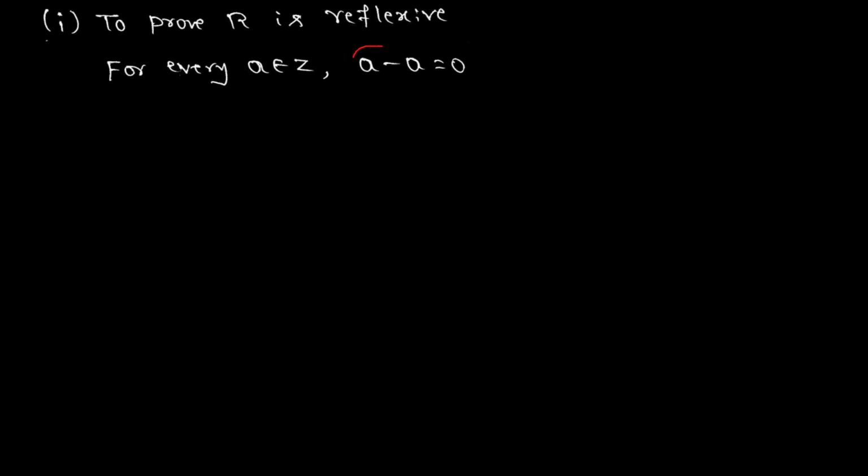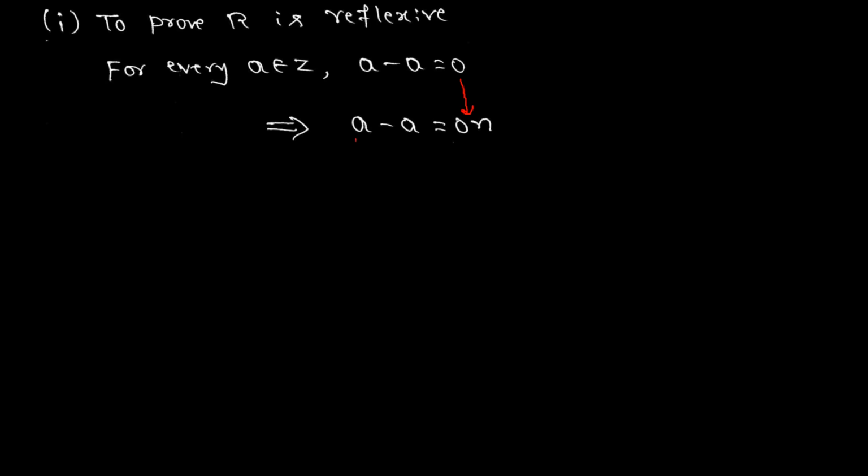So we can write this 0 as a multiple of n, because 0 can be a multiple of any number. So we can write this 0 as 0 times n. So what we have proved is that a minus a is a multiple of n.